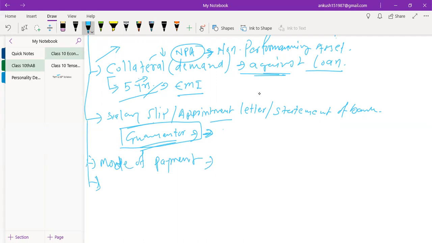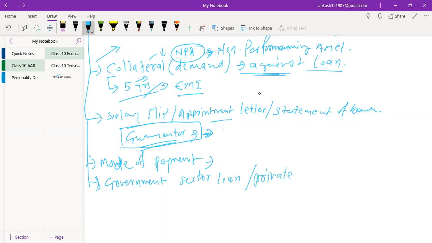Nature of the lender and the borrower, in the sense that suppose you are asking for a loan in the government sector or the private sector.